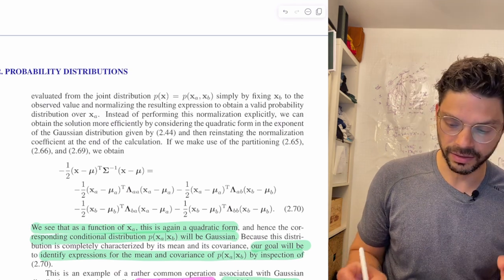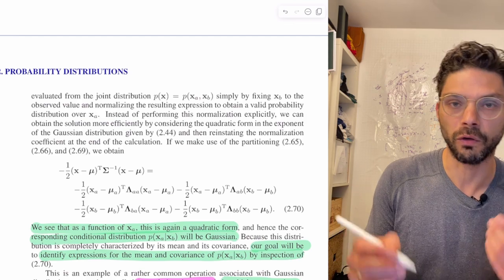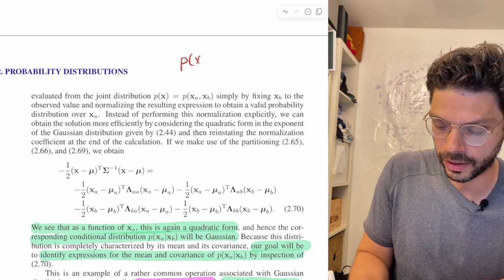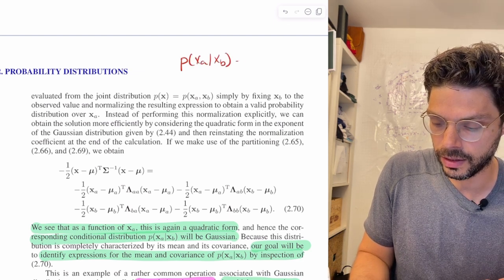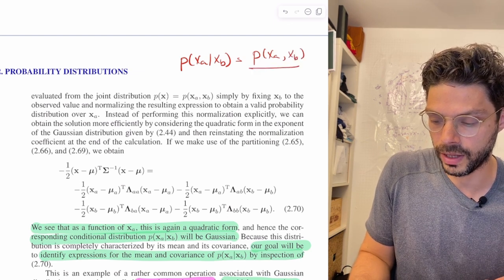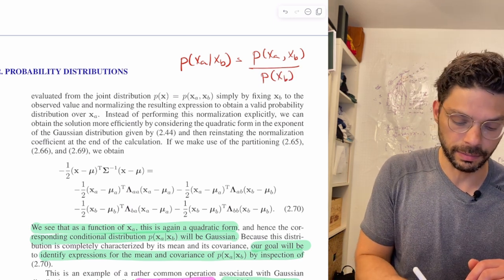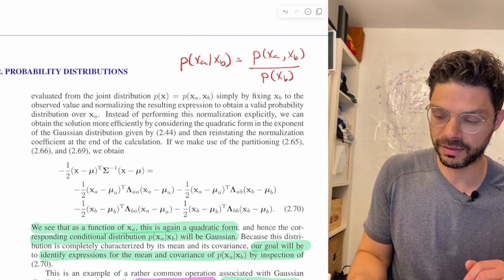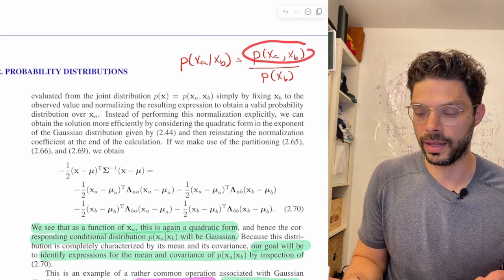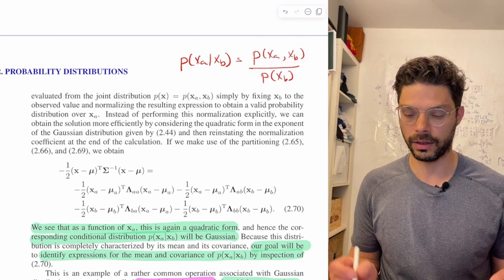So that's essentially what happens. If we wanted to go through the normal machinery, you would get P of x_a given x_b equal to P of x_a, x_b, which we have, divided by P of x_b. So we fix x_b to whatever it is in the joint distribution, and then we normalize that joint distribution appropriately to get the conditional distribution.